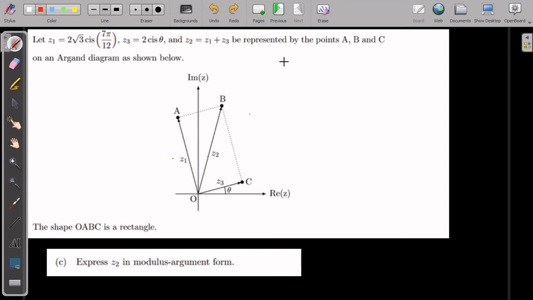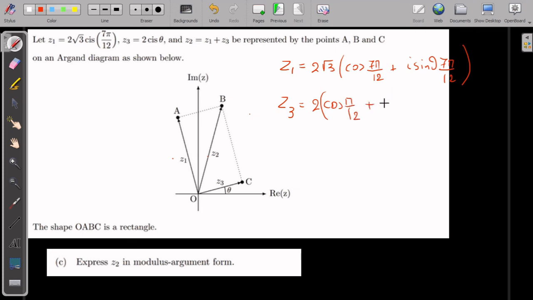Now I know that Z1 is 2 square root 3 times cos 7 pi over 12 plus i sine 7 pi over 12. I know that Z3, the complex number in polar form, is 2 times cos pi over 12 from the first question plus i sine pi over 12.